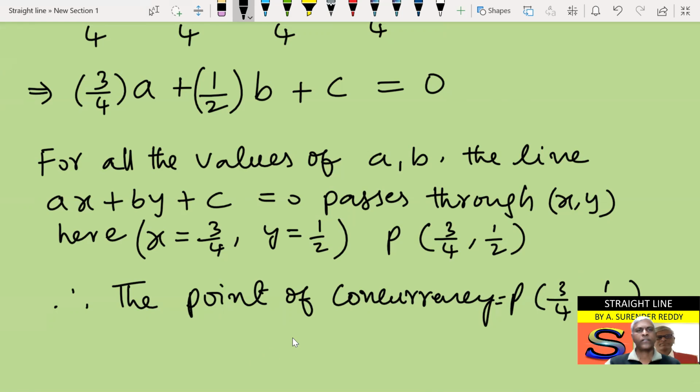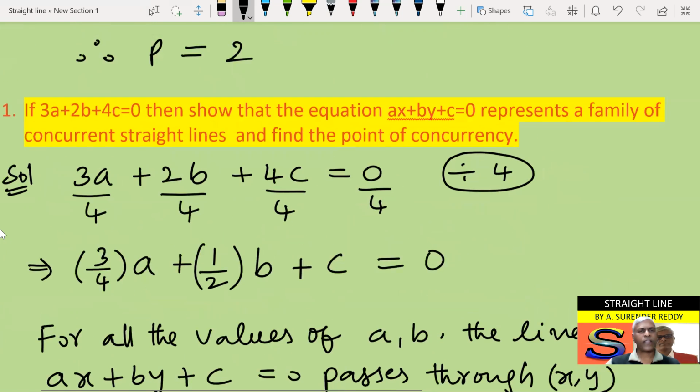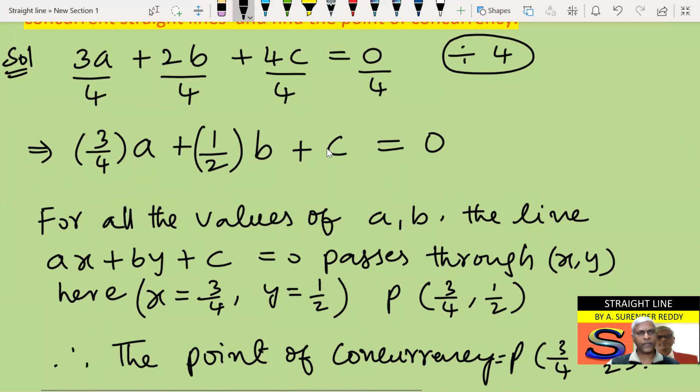You see this one. By dividing with 4, the given equation becomes 3 by 4 a, 1 by 2 b plus c. Compare this as ax plus by plus c. So ax plus by plus c is an equation of a line which passes through a point x comma y for all the values of a, b. Now here 3 by 4 is the x value, 1 by 2 is the y value, comparing these two equations.